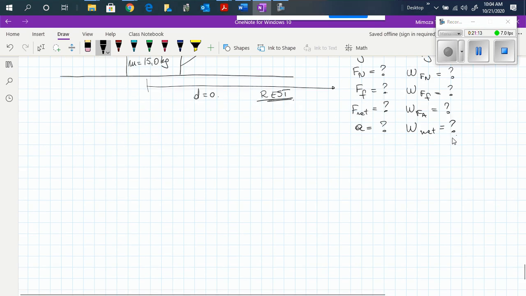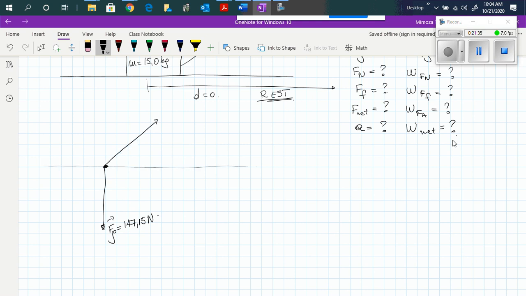Okay, we are looking for forces. That means that we will start with the free body diagram. The object of our interest is represented by a dot. We have a force of gravity that is 147.15 newtons. So this is the benefit of keeping the same numbers. Then we have a force applied that is 200 newtons at an angle of 50 degrees with the vertical.